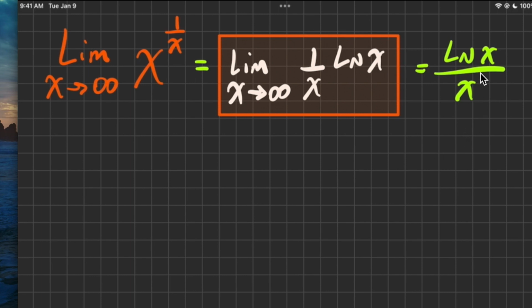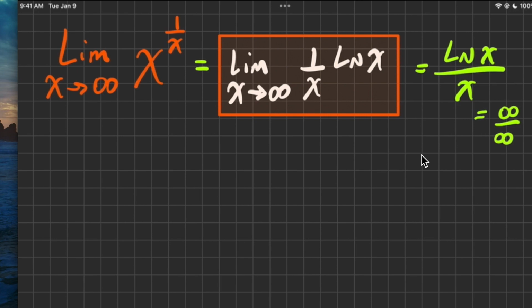The natural log of infinity, recall, here's our natural log function. As x approaches infinity, the y value of the ln of x heads towards infinity. And if we put infinity in the denominator, indeed we have a L'Hopital-friendly indeterminate form, which is infinity over infinity.